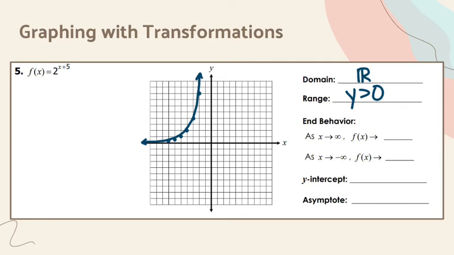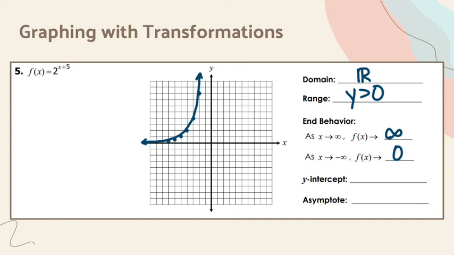On the right side of our graph, our y value approaches positive infinity. On the left side, it approaches 0. Our y-intercept here is not on the graph, actually. We're going to have to go back to our calculator to find this.